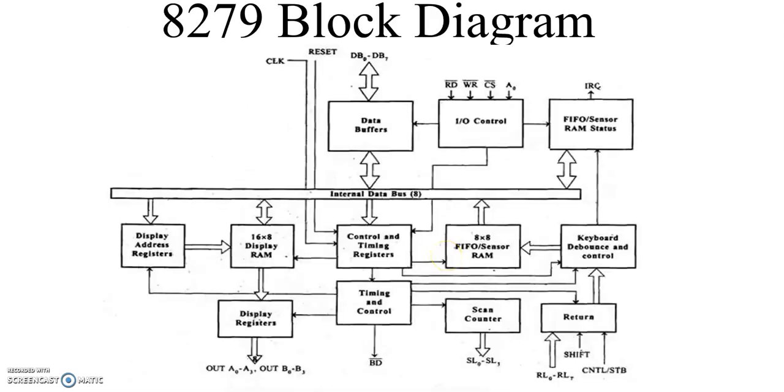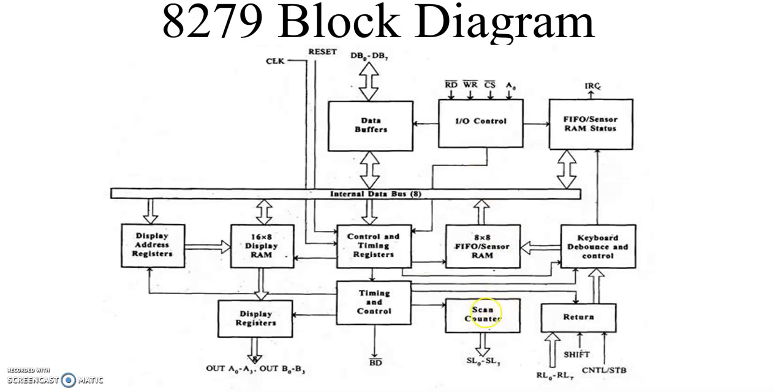Next one, this is a block diagram of the 8279. This block diagram consists of 4 main sections. First is the CPU interface and control section. The second one is the scan section, which is used to scan the keyboard data as well as the display data. Next one is the keyboard section. The last one is the display section.